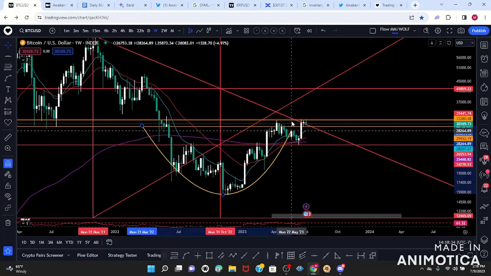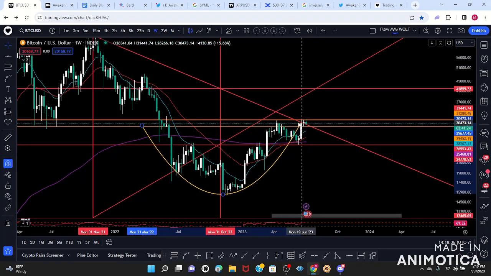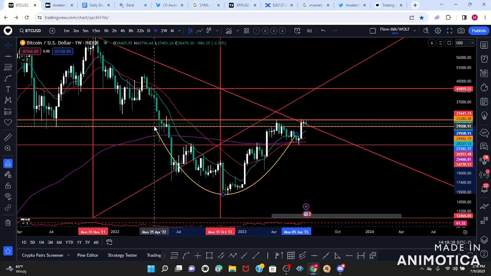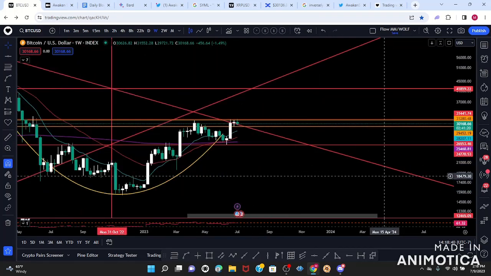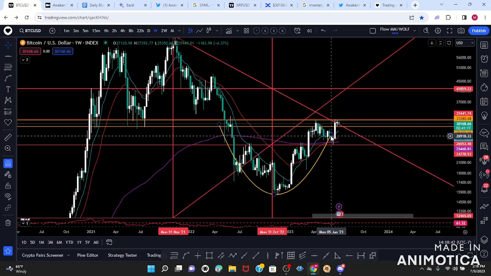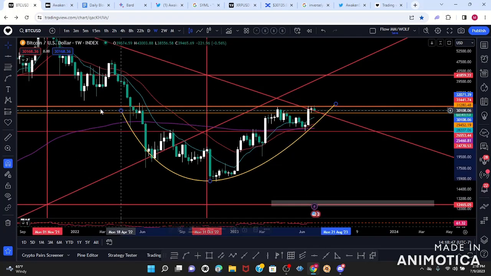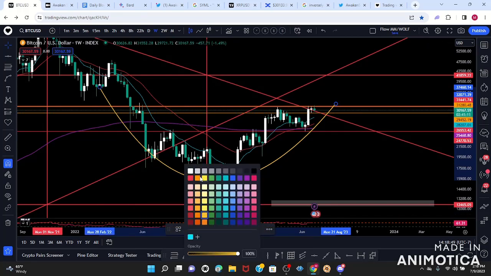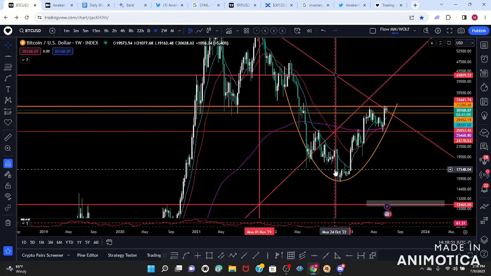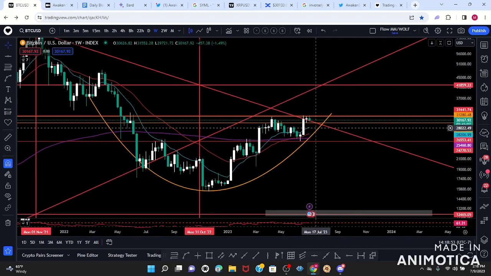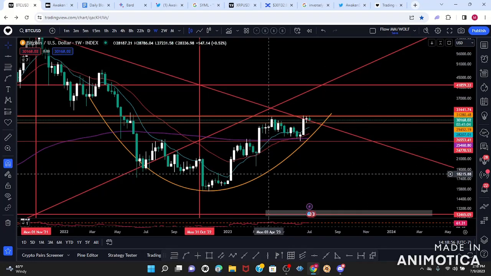If this is to be the cup, because some people are doing this, you could extend it so much. Let's just draw what the charts are telling me. Okay, I'm just going to leave it at that. So this is my cup for the weekly time frame. Major resistance headed here.